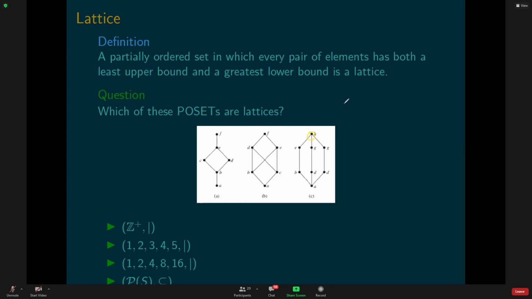This is also a lattice, because the least upper bound is this and the greatest lower bound is that. Okay.